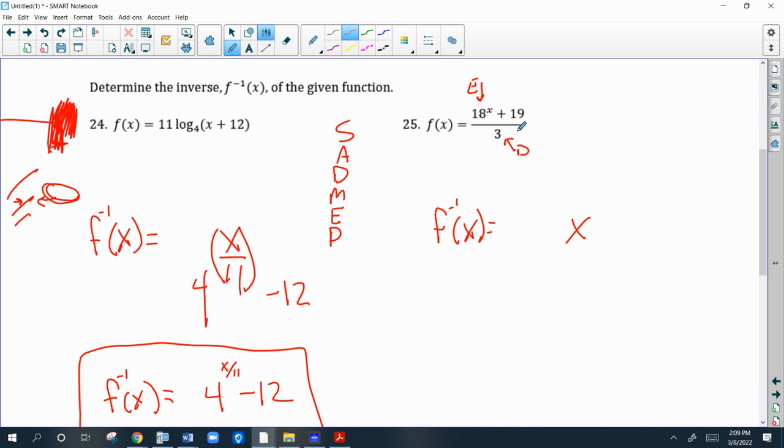So if you were to solve this, the first thing you'd have to do is multiply by 3. So we're going to multiply by the 3 to get rid of that because it's divided by 3. Now we have 18 to the x plus 19. The plus 19 is not part of the exponent, so we can freely get rid of that by subtracting it.